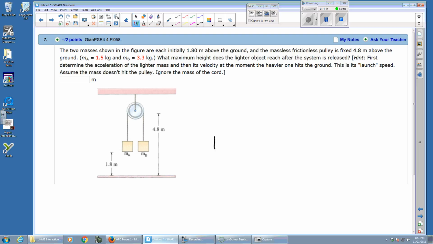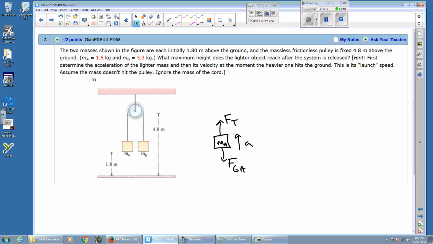I could draw a free body of MA: it should have FGA, FT, and acceleration. The problem is I don't know FT, and I don't know A, and I get unhappy if I have two unknowns.